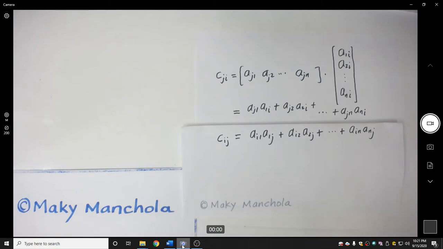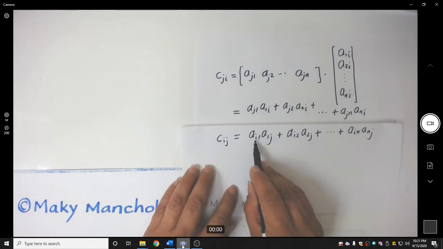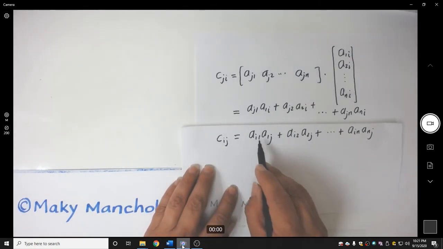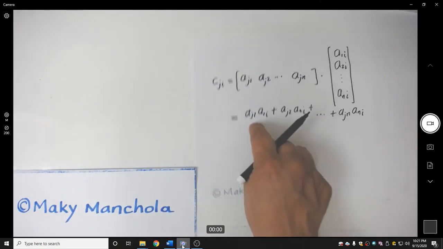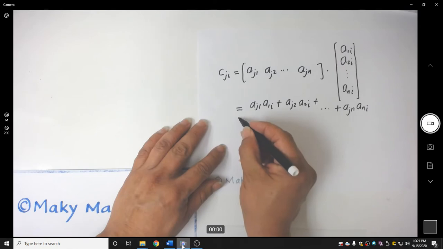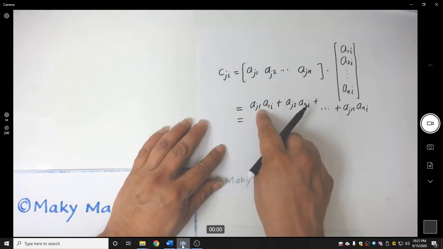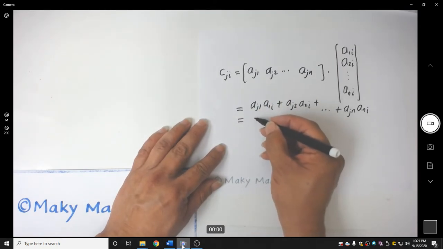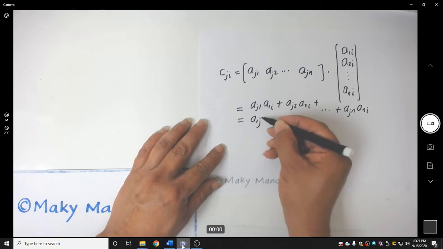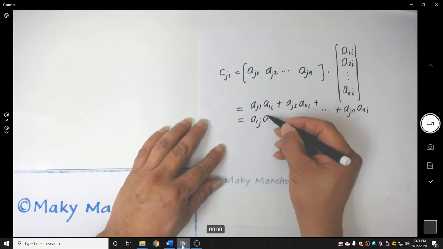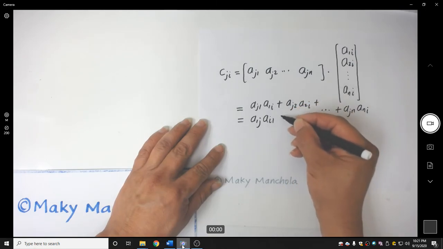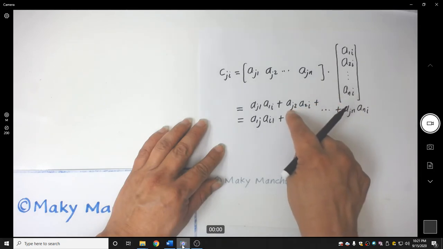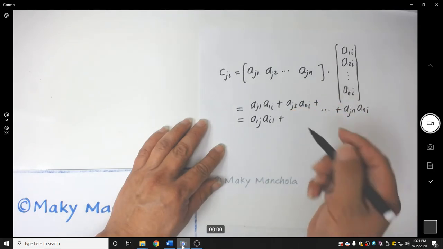So that allows you to realize that A_j1 is the same as A_1j, A_1i is the same as A_i1, and we treat every term in a similar fashion.